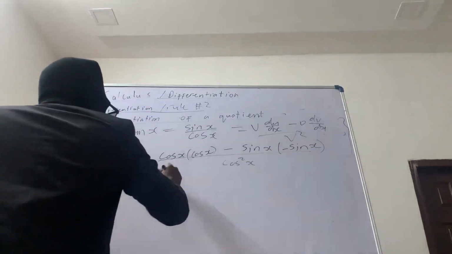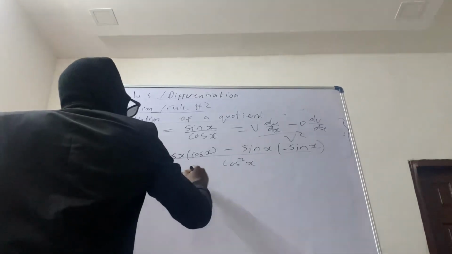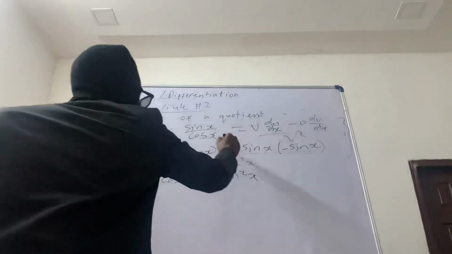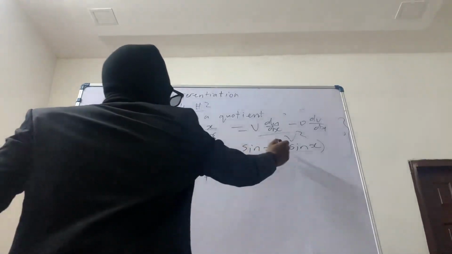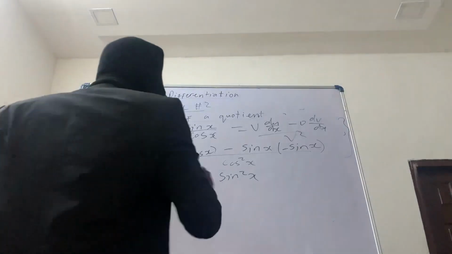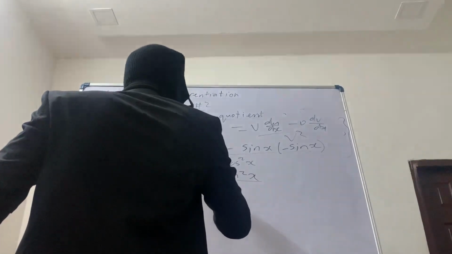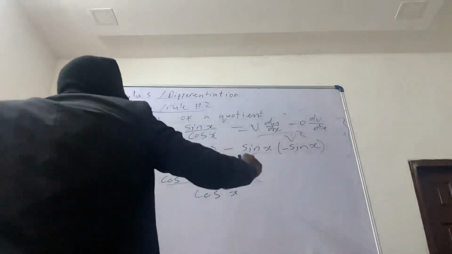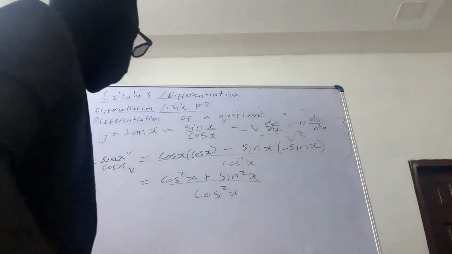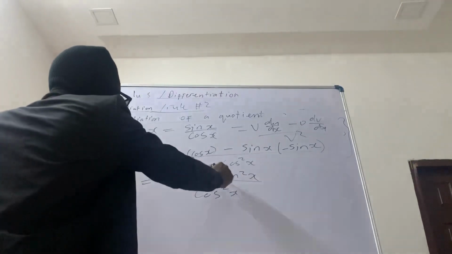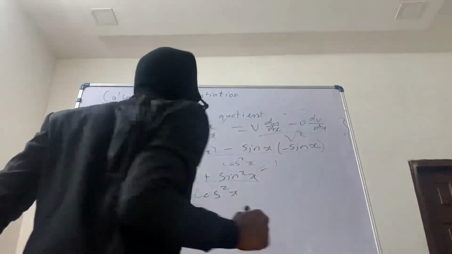This one is going to be cos squared x plus sin squared x. The plus sign is coming from this one and this one. We multiply a negative and a negative, we are going to get a positive, all over cos squared x. Yes, cos squared x plus sin squared x, from one of the identities, this is equal to 1.